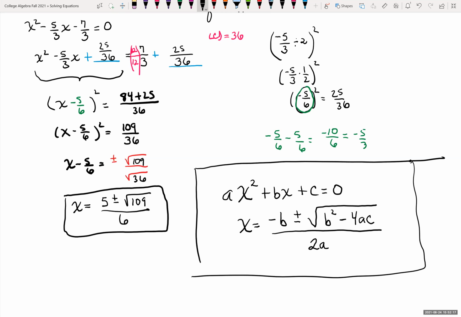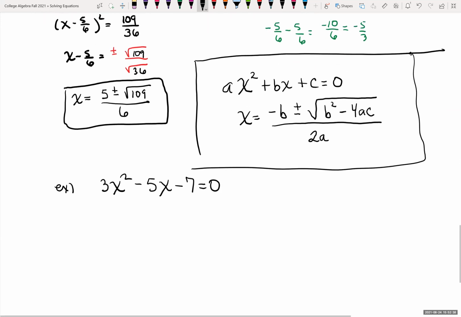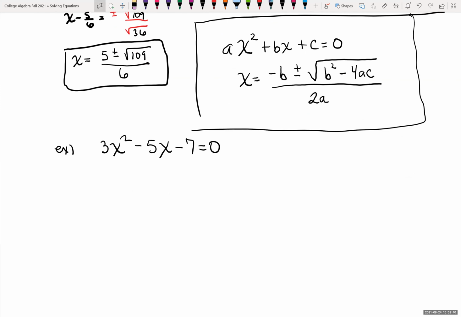Okay, so let's pull back the equation that we had before, 3x squared minus 5x minus 7 equals 0. All you're doing is identifying which coefficient is a.